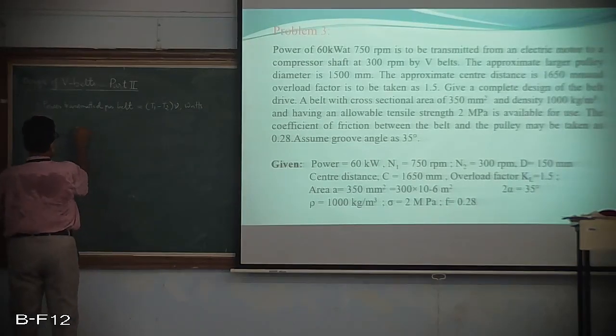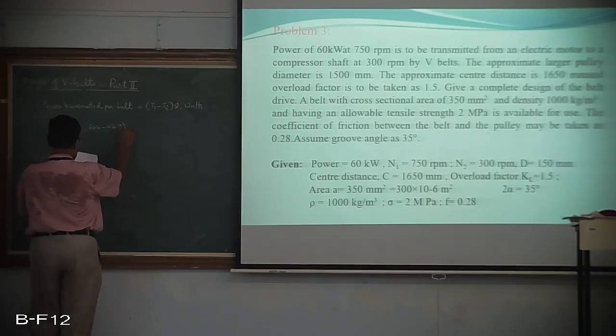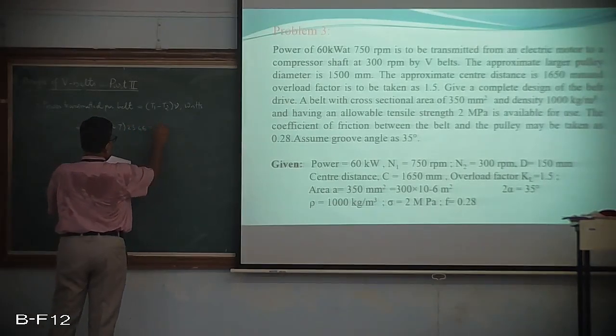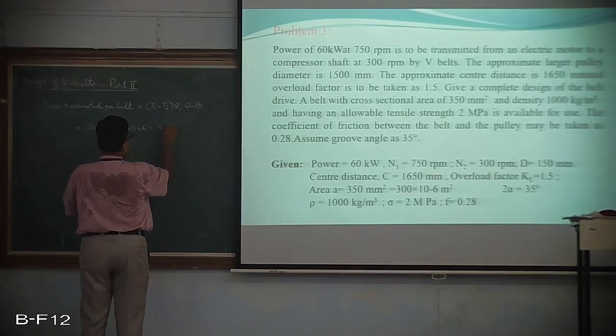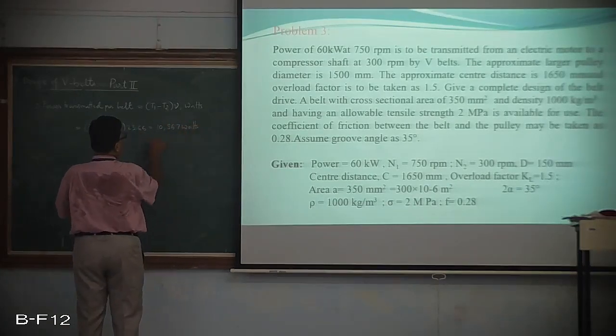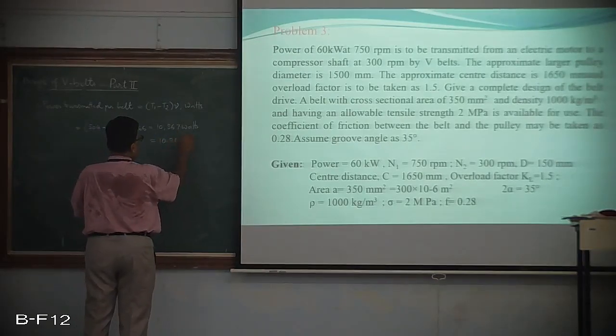So this is equal to (504 minus 44.7) into 23.66, which is 10,867 watts. And as I told you, if you divide by 1000, you will get 10.867 kilowatts.